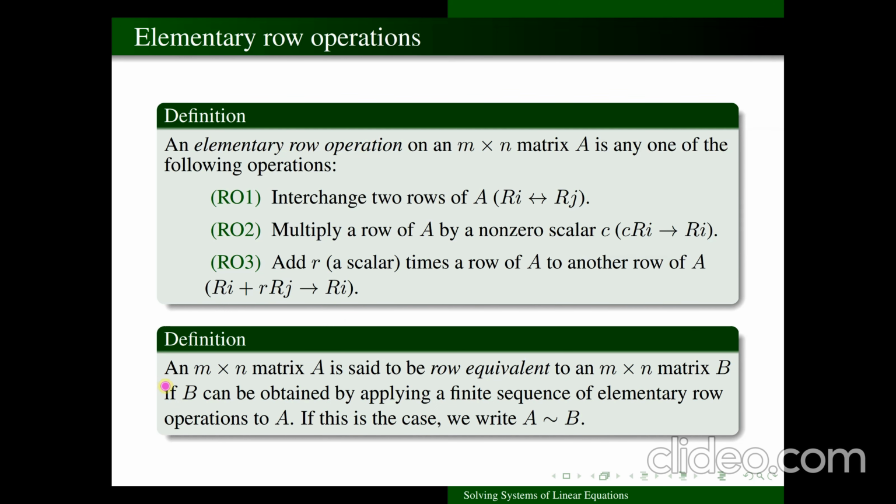A matrix A is said to be row equivalent to another matrix B, with the same size as A, if B can be obtained by applying a finite sequence of elementary row operations to A. If this is the case, then we shall write A ~ B.